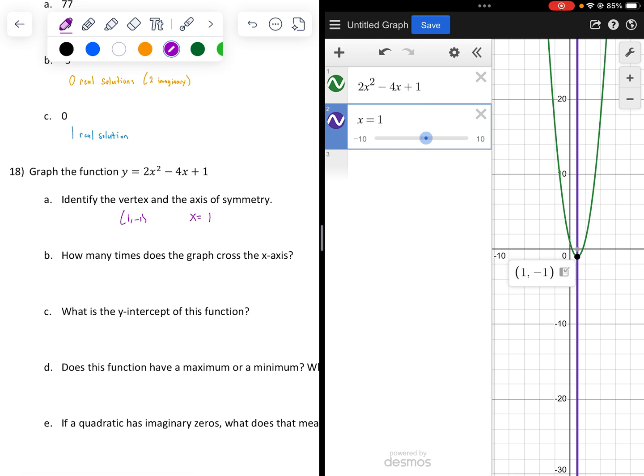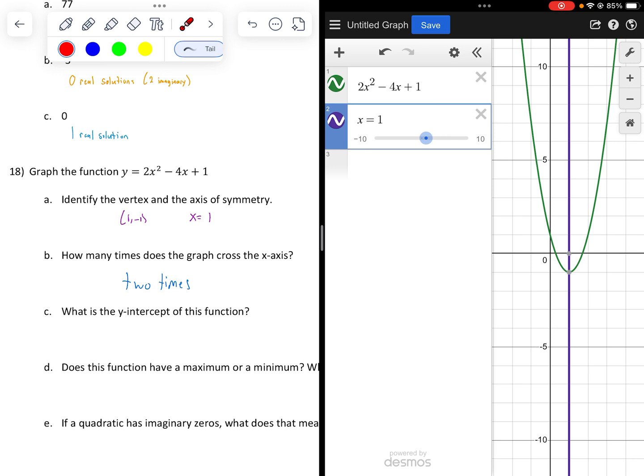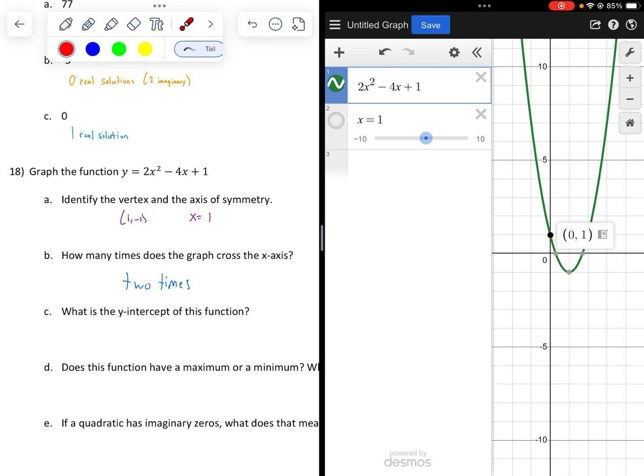How many times does the graph cross the x-axis? Well, you can see from the graph twice or 2 times. The y-intercept, it is going to be just this number when the quadratic's written in standard form, but you can also get it from the graph just by tapping that point. So it's 0, 1.